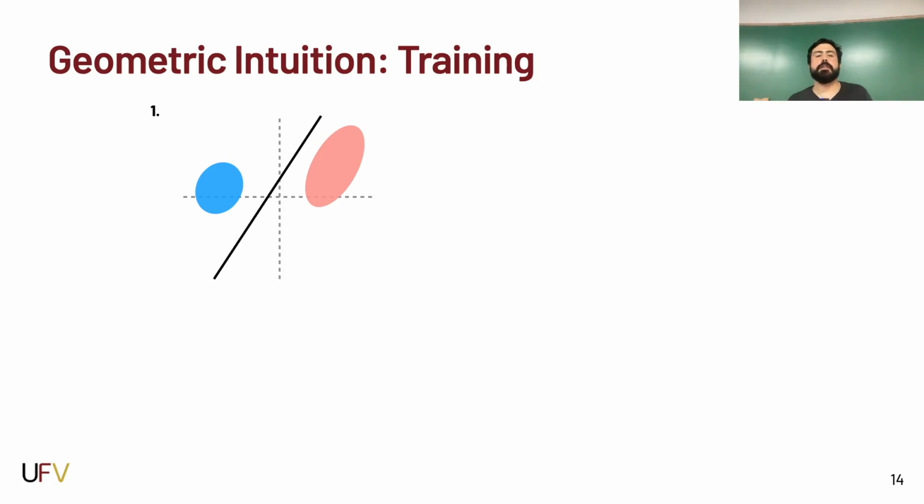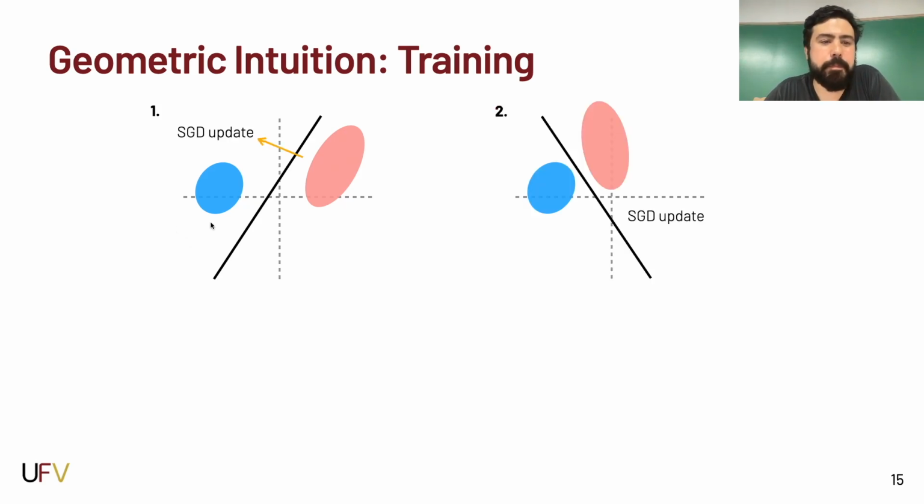And here's the intuition of the training procedure. So we start with these two independent distributions. This is the fake distribution, the one in red, and the blue one is the real distribution. So they start in different regions, right? And the bar here is the discriminator. So initially, the discriminator can separate the two of them very easily because the fake images are so different from the real images that it's very easy to separate them. But then you're going to do one gradient descent update, right, which is this yellow arrow here.